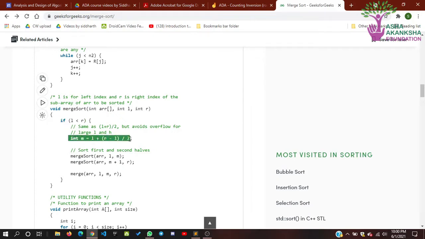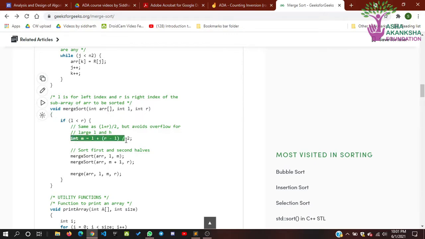Only in the first case do we have to consider sorting. So using this formula, we calculate the middle element. Then we follow the divide and conquer method. We know that this merge sort function will sort the array ARR from the lower index to the upper index, where both the lower and upper indexes are inclusive in the range provided.